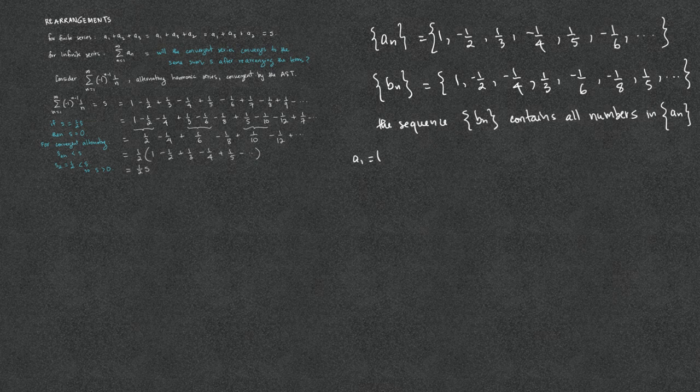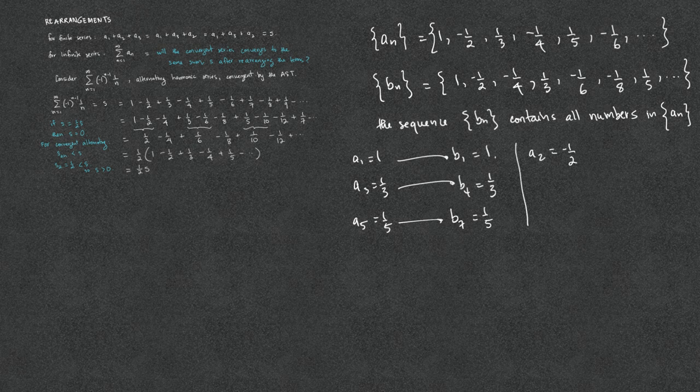For example, the term a sub 1, which is 1, is mapped to b sub 1. The term a sub 3, 1/3, is mapped to b sub 4, which is 1/3. The term a sub 5 is mapped to b sub 7.